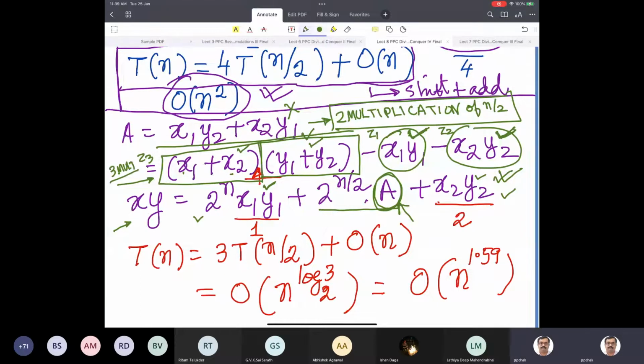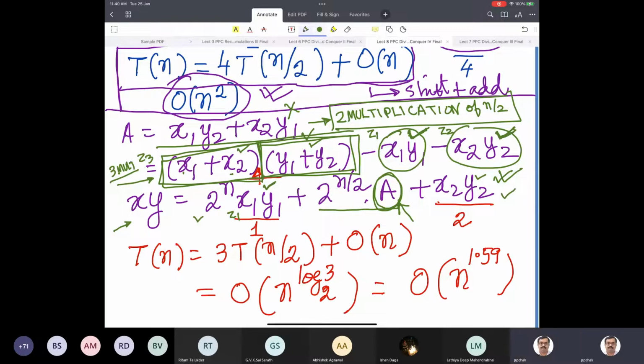One multiplication with this composite x1 plus x2 into y1 plus y2, another multiplication x1 y1, another multiplication x2 y2. I have avoided multiplying x1 y2 and x2 y1 directly. And when I compute this, x1 y1 I get from z1, which is already pre-computed when I computed a.